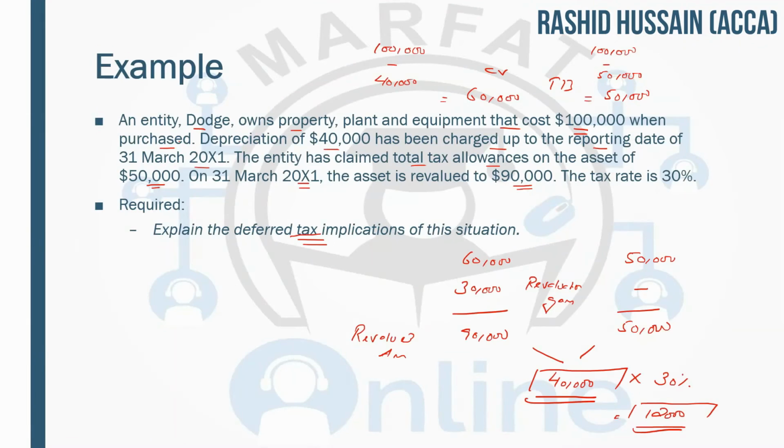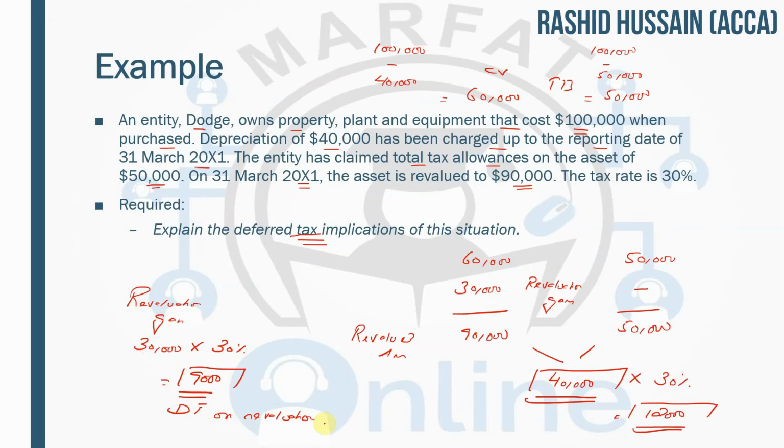Now we need to calculate the deferred tax on the revaluation. What was the revaluation gain? The revaluation gain is 30,000 and you multiply it by 30%. So 9,000 is going to be the deferred tax on the revaluation gain.